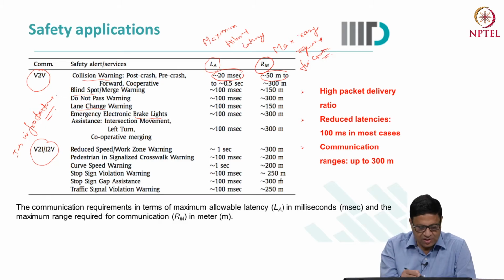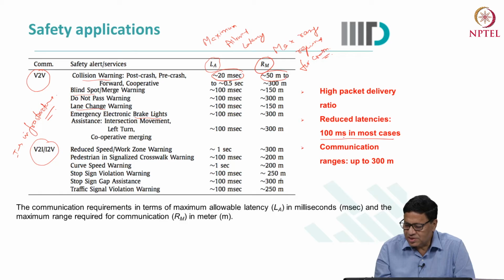So if you see this table for different safety alerts or services, you require on an average latency of 100 millisecond in most cases, but there are exceptions where you require even lower latency, 20 millisecond. And the range is of the order of 300 meters. So you should be able to communicate at a distance of 300 meters from one vehicle to another vehicle.